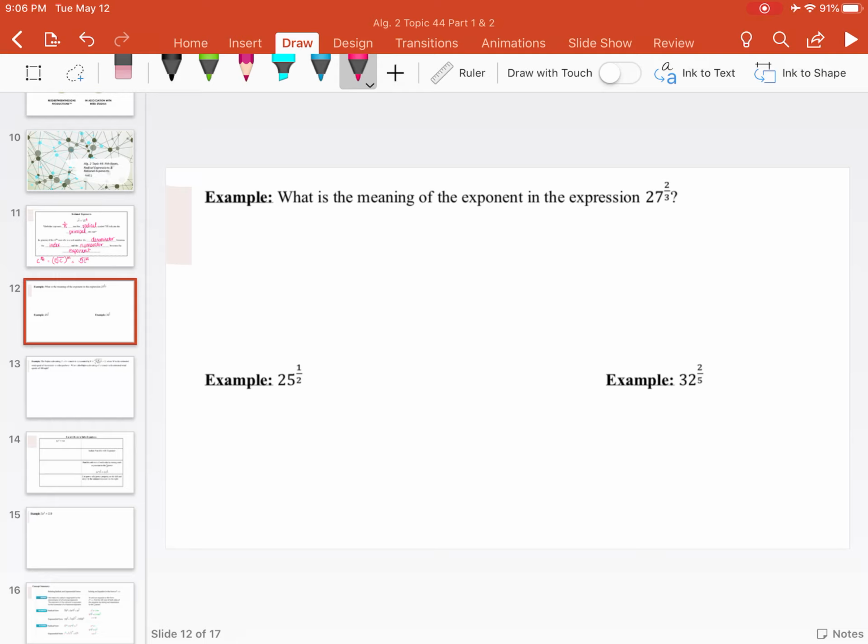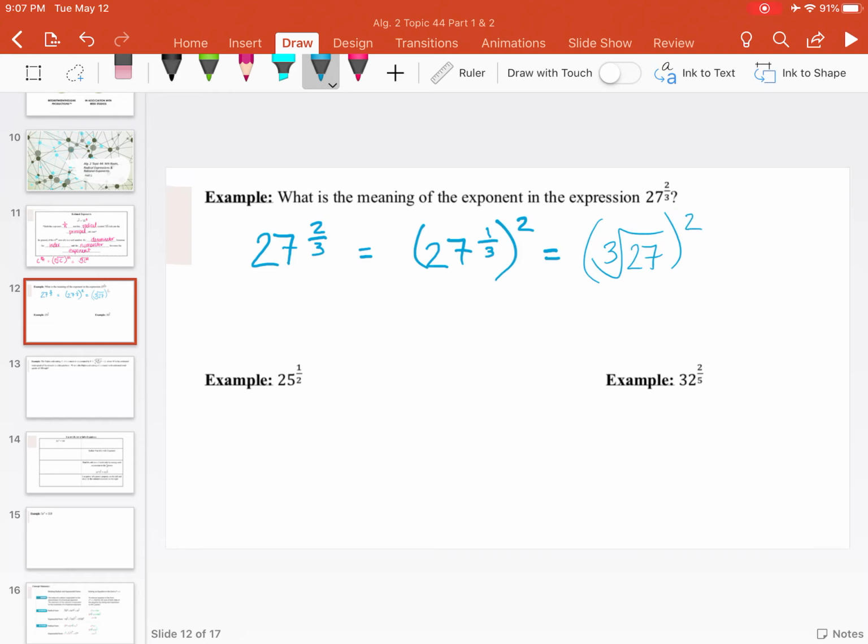Now, what is the meaning of the exponent in the expression 27 to the 2/3 power? If we have 27 to the 2/3 power, that can be rewritten as 27 to the 1/3 squared. If we think back to our properties of exponents, a power raised to a power, we would multiply the exponents. We can rewrite that 27 to the 1/3 as the cube root, or the third root, of 27 squared.